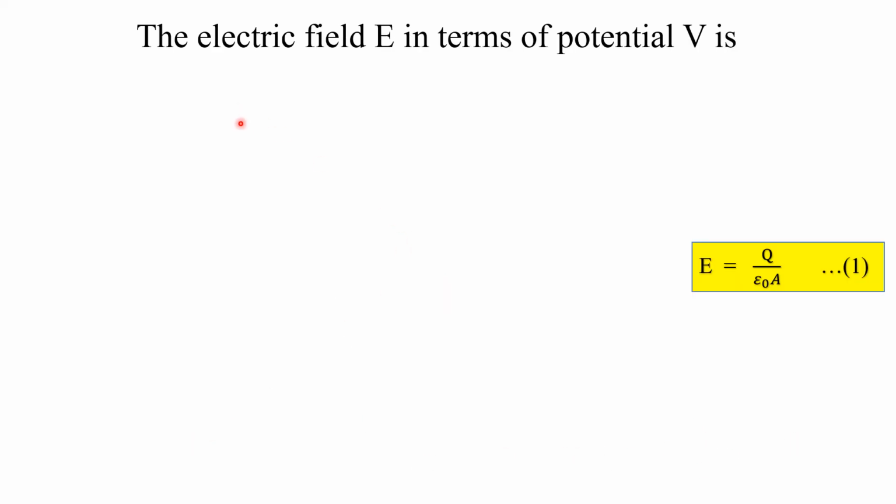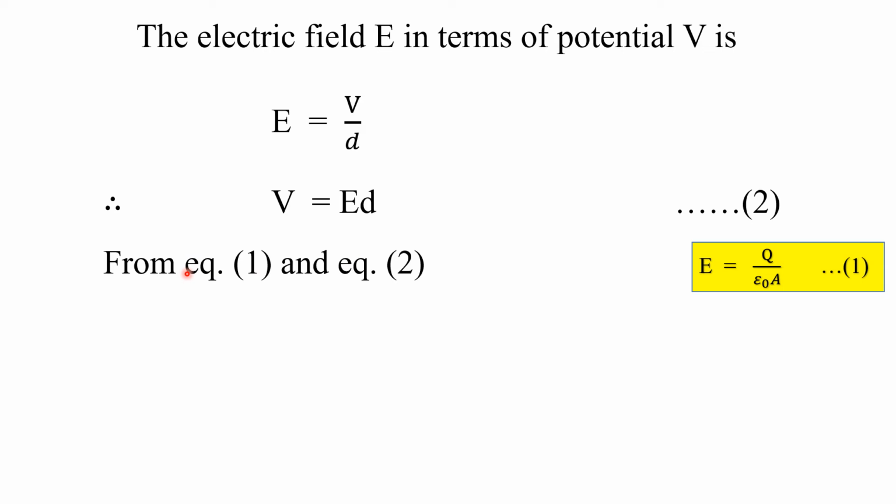Now, the electric field E in terms of potential is given by E is equal to V upon d. Therefore, V is equal to what? Rearranging this term, we get V is equal to Ed. This is equation number 2.